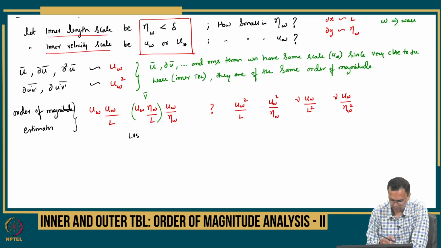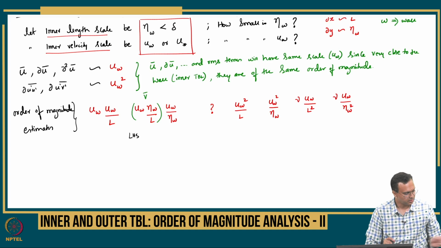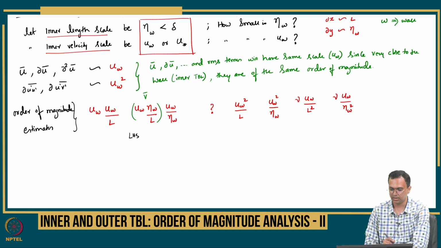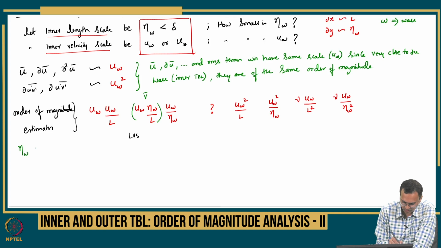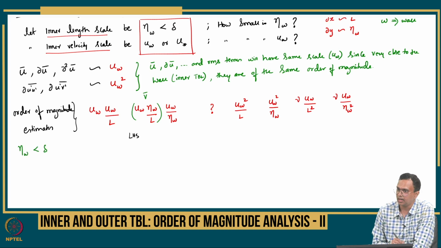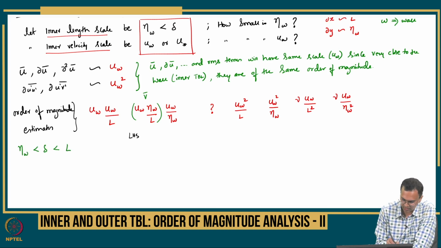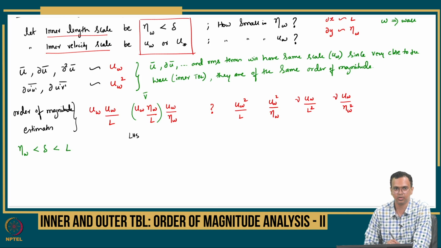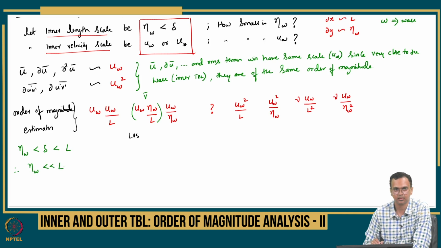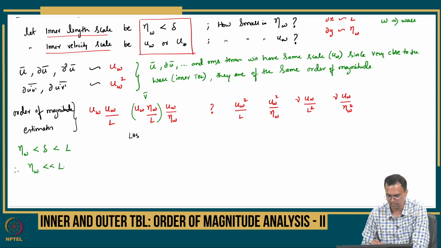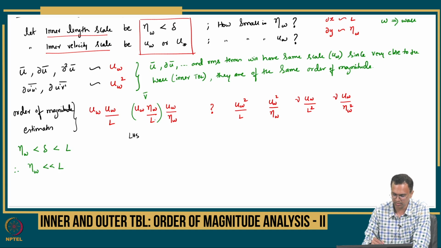Now if I look here, what is the condition that we say? We say that eta w has to be much smaller than delta, and delta itself is much smaller than L, right? That is the thin boundary layer. Therefore eta w is much smaller than L. So the ratio of eta w by L, what will that be? Here eta w by L will be extremely small.